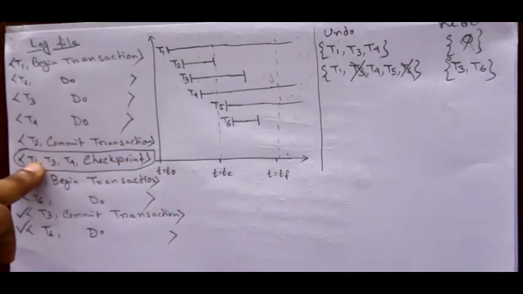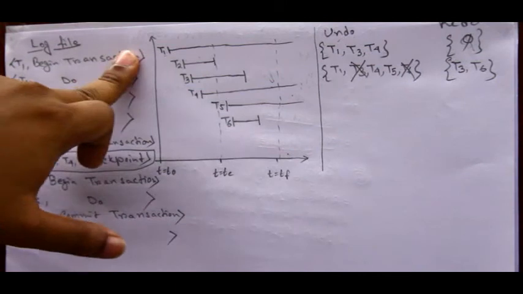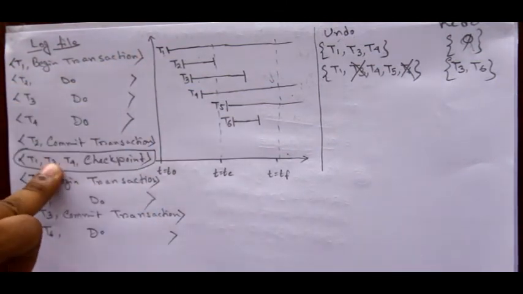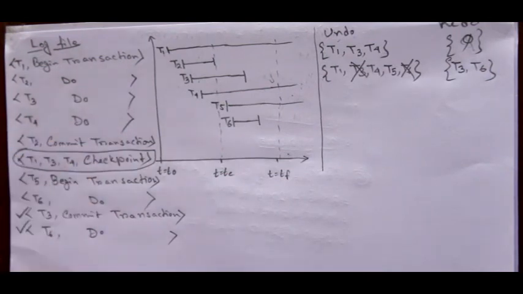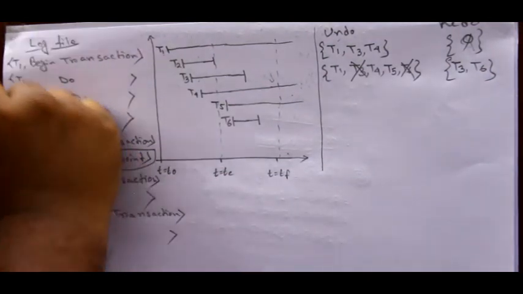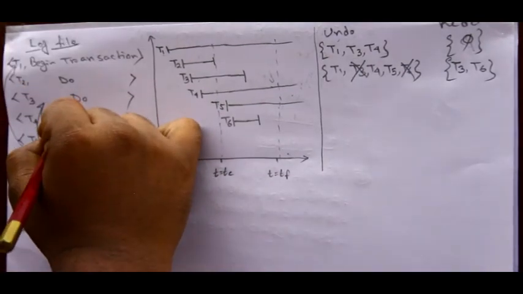That means you have to restore T1 up to its begin transaction phase, T3 to here and T4 to here.